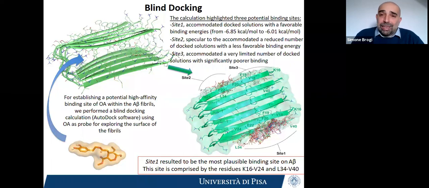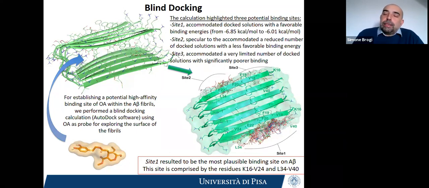But given that Site 1 is able to accommodate a large number of docked solutions with favorable binding energy, we consider this site as the most probable binding site of oleuropein aglycone within the amyloid beta fibrils.